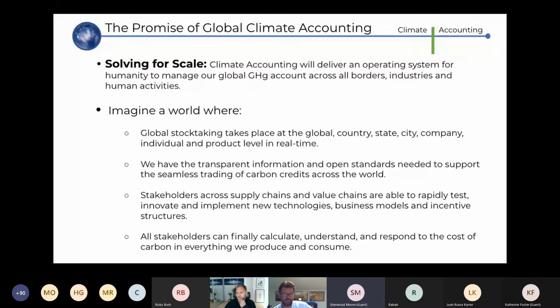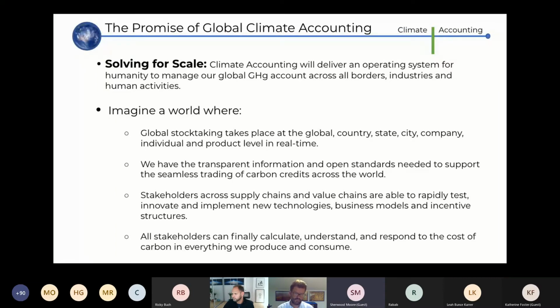Climate accounting essentially is delivering an operating system for humanity to manage our global carbon account across all borders, industries, and human activities. So with a climate accounting system in place, you can imagine a world where the global stocktake takes place not only at the global level, but at the country level, the state level, down to the city level, company, individual, and product level in real time.